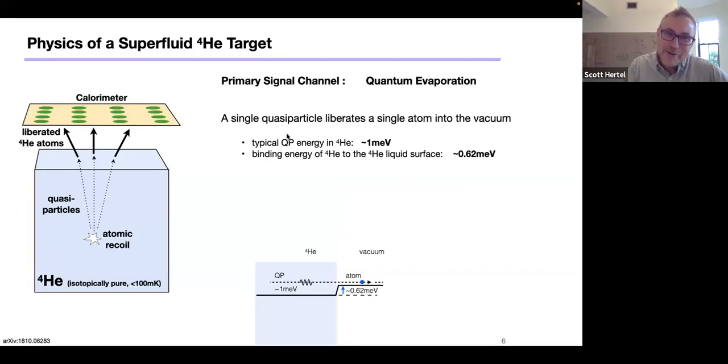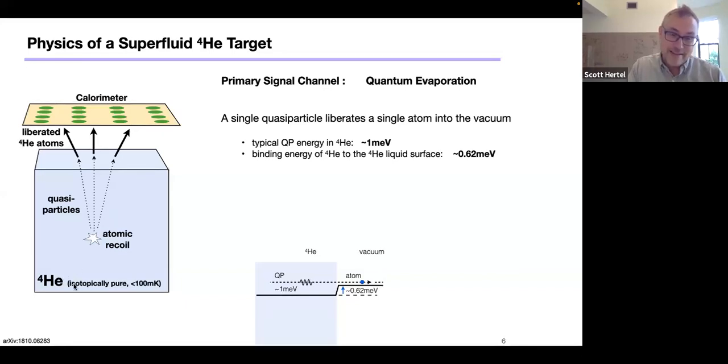The typical quasi-particle energy in the helium-4 is roughly 1 meV. And the binding energy of the atoms at the liquid surface is roughly 0.6 meV. So we get this process where one quasi-particle can liberate one atom, and so we call it quantum evaporation. It helps a lot on getting grant money to have that word quantum in the title of all our proposals.